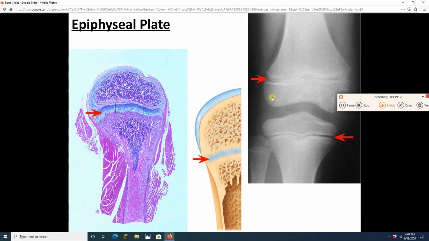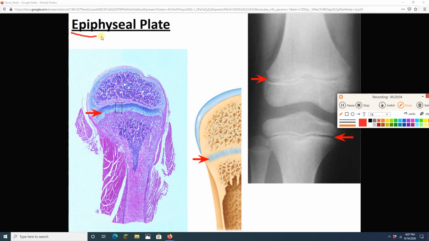Okay. If we look at some kid bones, so this is a cartoon of a kid bone here. This is the epiphysis. So we got spongy bone, compact bone, and then this is hyaline cartilage right here. That is hyaline cartilage. That is the growth plate. That is where long bones grow in length. I've said growth plate a bunch of times. The better word is epiphyseal plate.